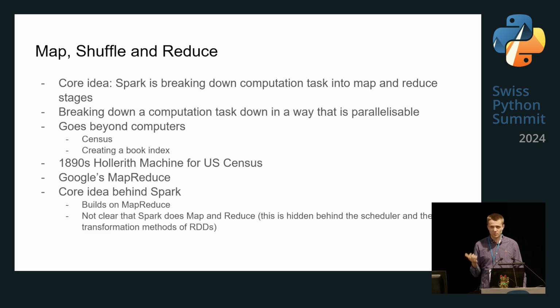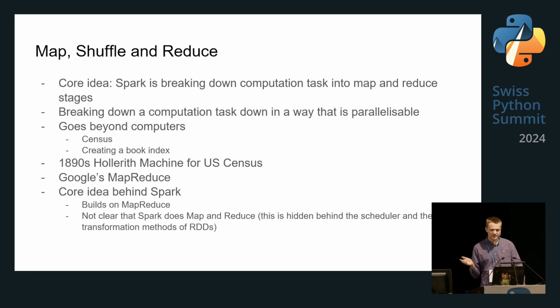So what is MapReduce? It's a way of breaking down any computation task so that it can be parallelized, so it can be done by multiple actors at the same time. That's really key for what they call horizontal scaling.